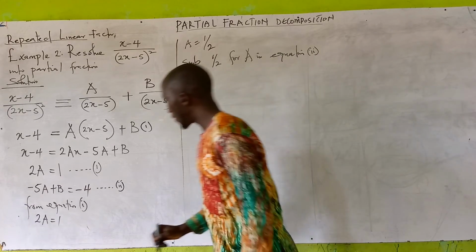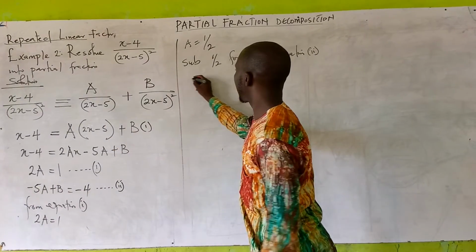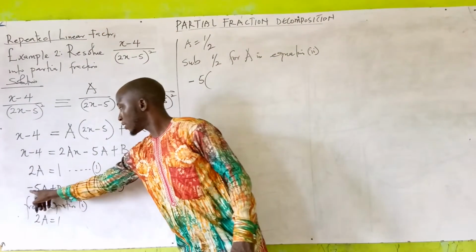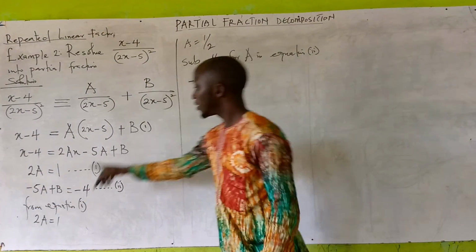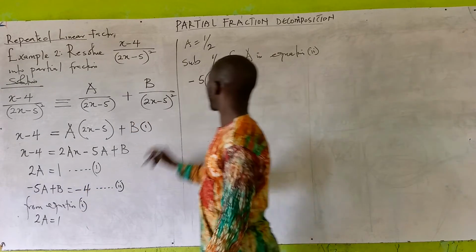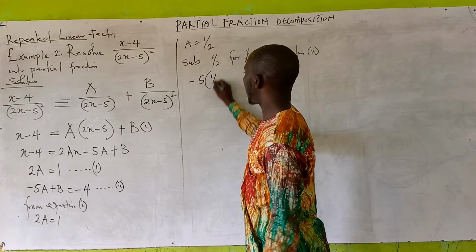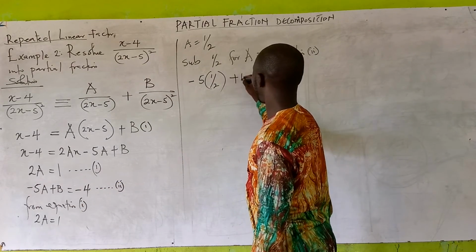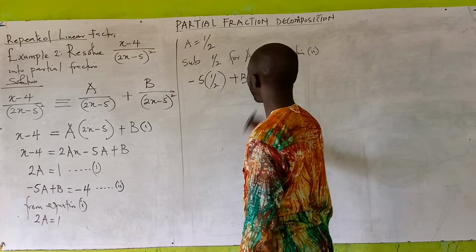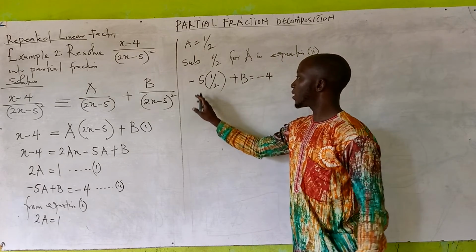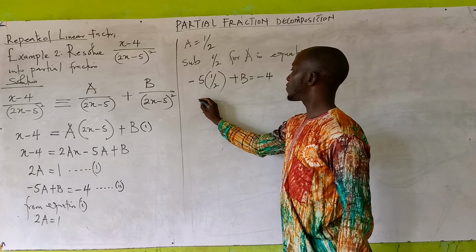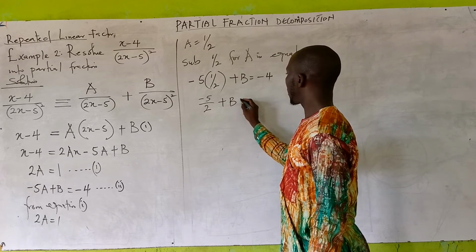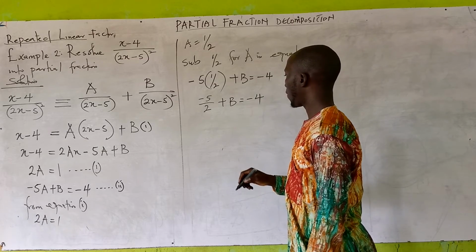Equation 2 is minus 5a, so minus 5 instead of a now. You can see this is minus 5, minus 5. Then instead of a, our a is 1 over 2. We just put in 1 over 2 plus b equals to minus 4. Here we're going to have minus 5 multiplied by this will give us minus 5 over 2 plus b equals to minus 4.